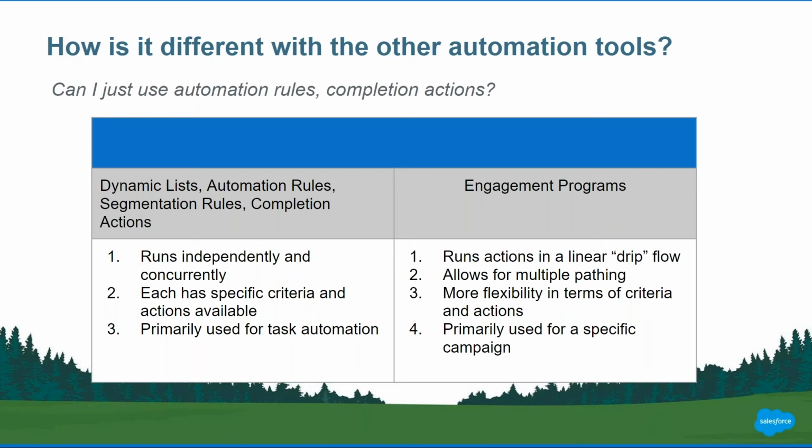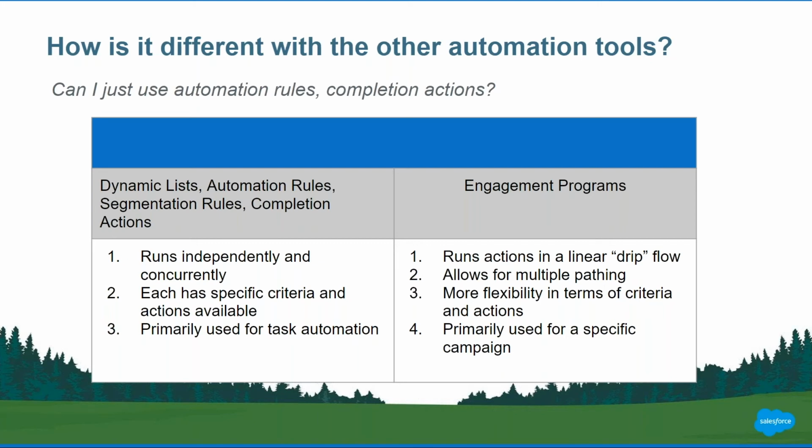They all run simultaneously. If you're going to rely solely on different automation tools for a campaign, you'll have a hard time following an order of actions, since they all run independently and concurrently.